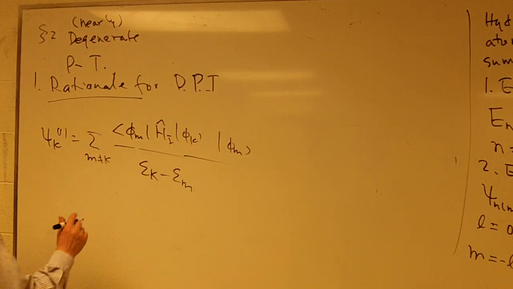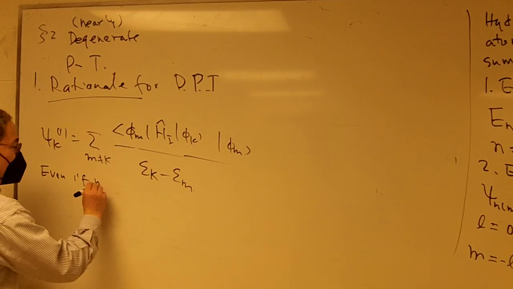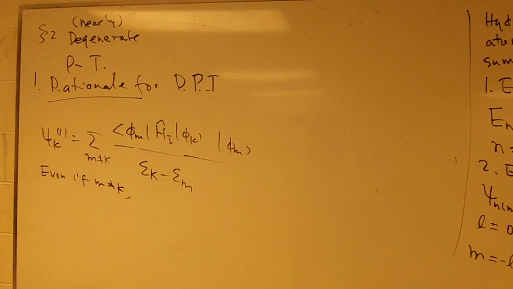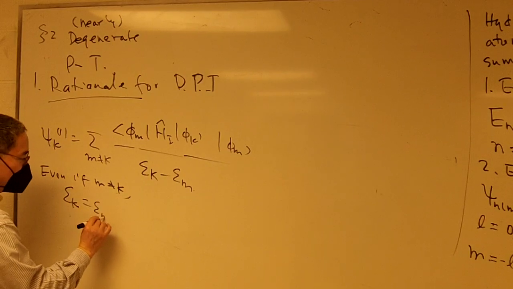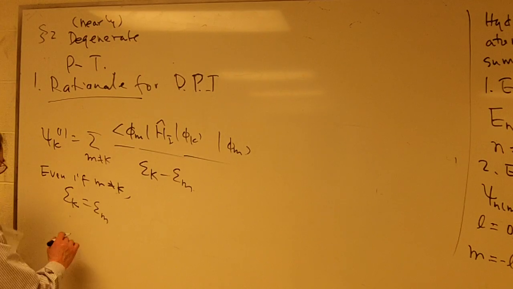In other words, even if m is not equal to k, the indexes are not the same, but epsilon k and epsilon m are equal to each other. The eigenvalues will be the same. And this happens with the p orbitals.